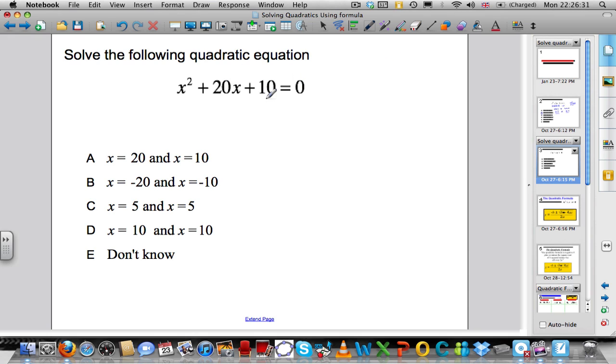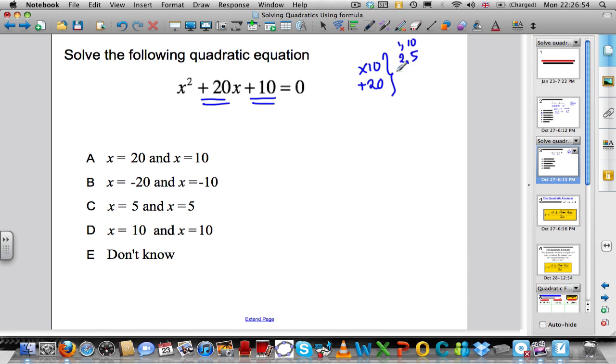I need to think of two numbers that multiply to 10 and add to 20. What times is to 10? 1 and 10, they can never add to 20. 2 and 5, they can never add to 20.